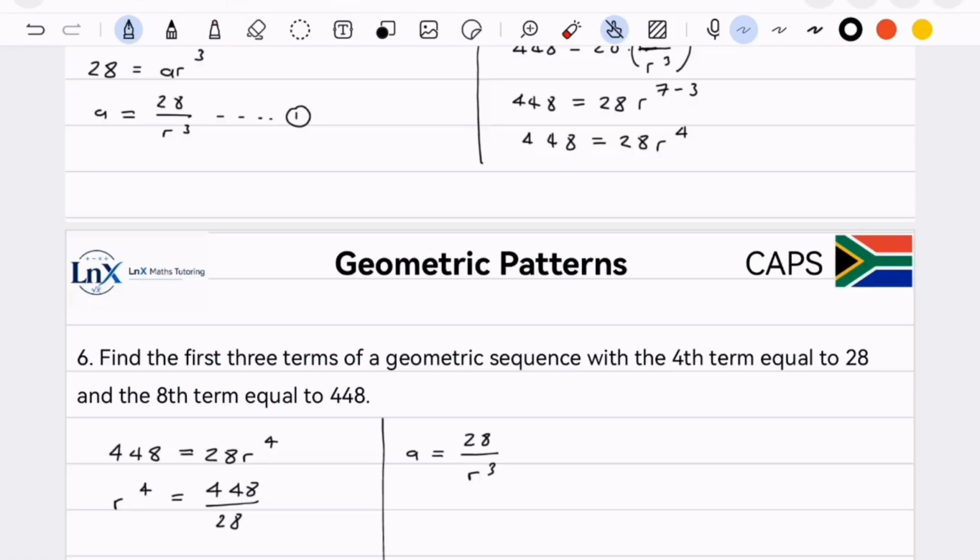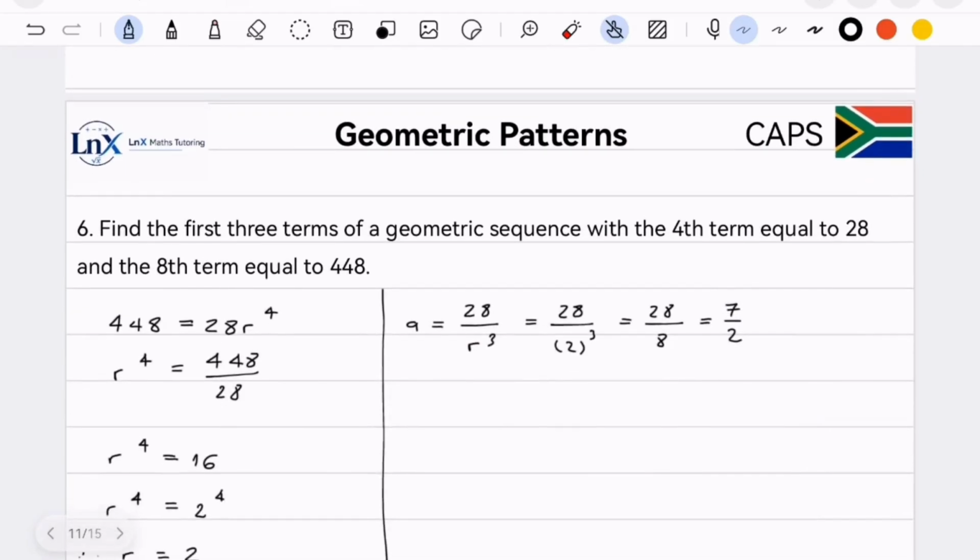So A is going to be 28 divided by 2 to the power of 3, right? That is 28 divided by 2 to the power of 3, that will give you 8. So 28 divided by 8, that will give you 7 over 2. Right, so we know A and then we also know R.